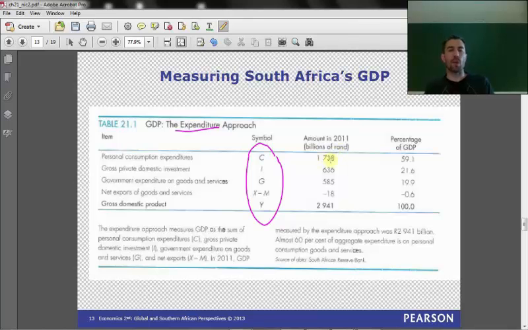Consumption expenditure, 1.7 billion. Investment, 6 billion. Yeah, in the last few years, this number's probably decreased a bit as a percentage. I will get the latest figures for you, because that will be fun to see. We have had a bit of a problem over there for one particular reason.